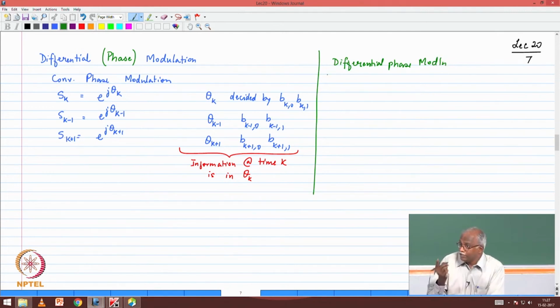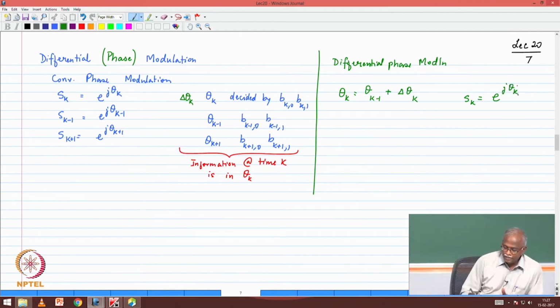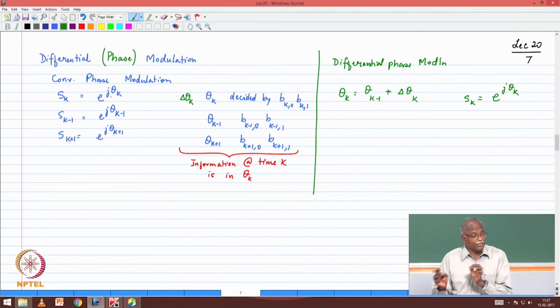I still have to transmit phase information, so theta_k is equal to theta_{k-1} plus delta theta_k. Whatever my previous phase was, to that I add delta theta_k, and in this case delta theta_k is determined by b_k,0 and b_k,1. Likewise, I will transmit the symbol s_k equal to e^{j theta_k}. What is the transmitted symbol here? It's also e^{j theta_k}. Both are e to the j theta_k.